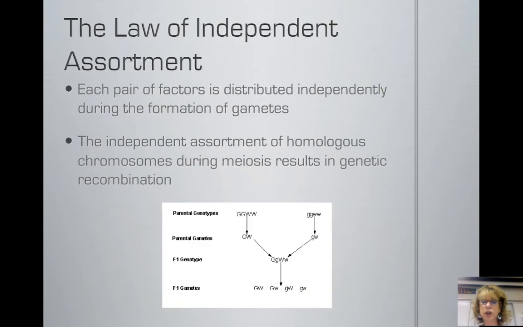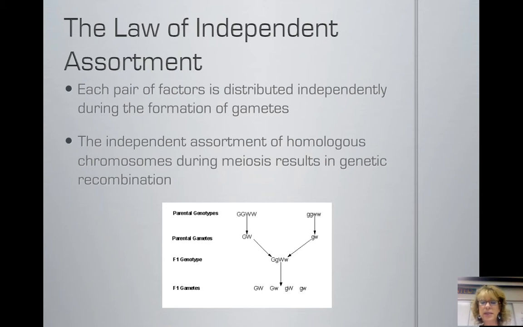His second conclusion was the law of independent assortment. This states that each pair of factors, or alleles as we now know, is distributed independently during the formation of gametes. In other words, it's a random assortment of those individual gametes, because one allele goes into half of the gametes, the other allele goes into the other half of the gametes, but which one is random?